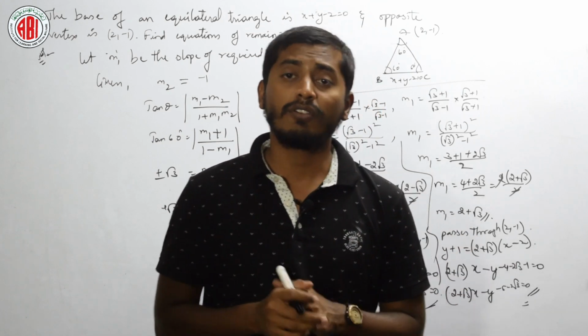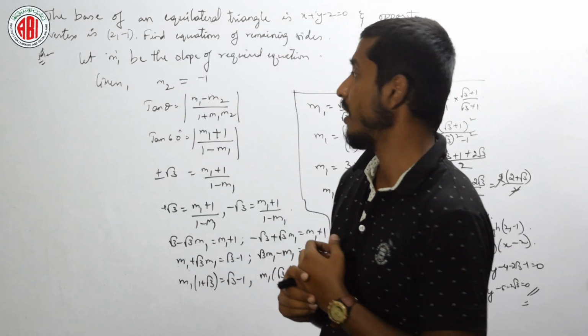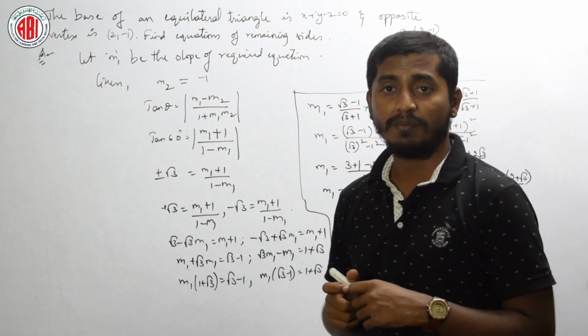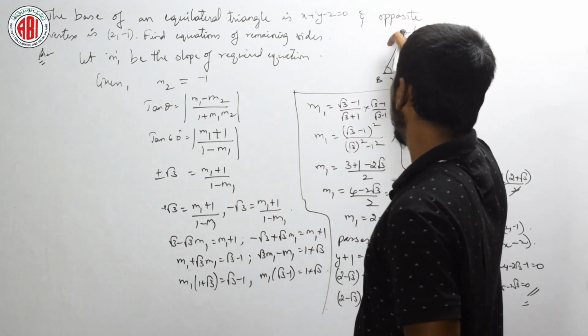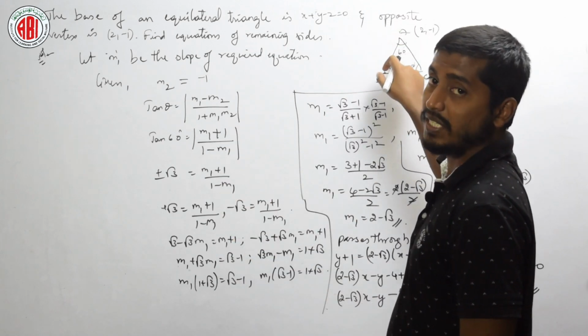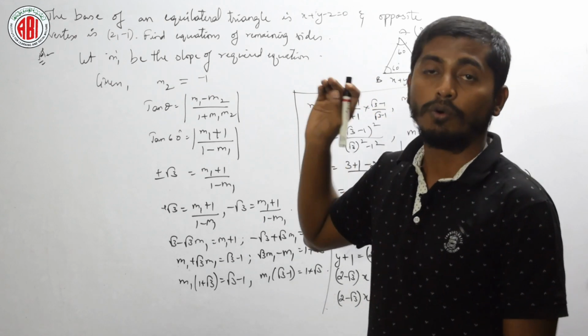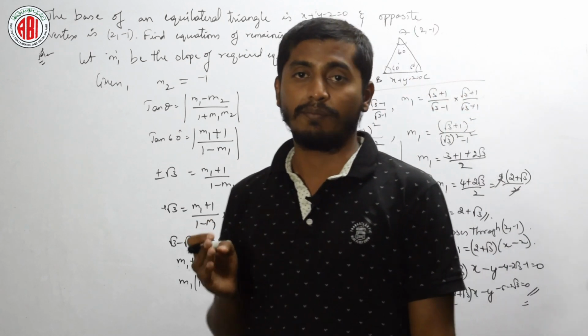Is it clear? How to find the equation of that particular median? We will see everything, and we all know what an altitude is. An altitude is nothing but an exact height, which instead of median we can take the line which is perpendicular to the base, it has to be perpendicular. Okay. Only in an equilateral triangle the median and the altitude are the same.